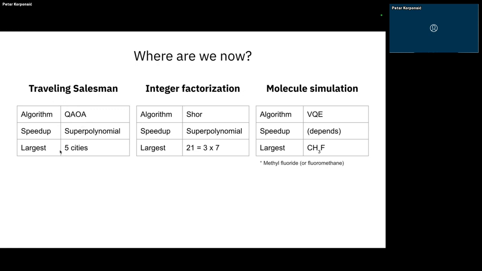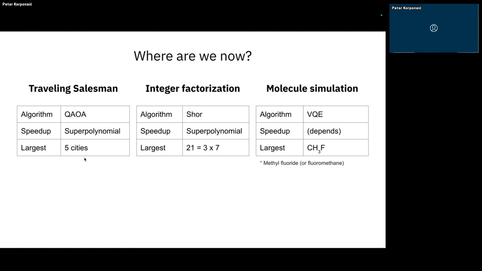quantum computers currently can solve only 5 cities. This is something that you can do with pen and paper. You don't even need a computer for that. Unfortunately, a quantum computer can do only a 5 city solution. A classical computer can do much more. I'm talking here about the optimal solution, because classical computers can do much bigger problems with a suboptimal solution using a heuristic approach.